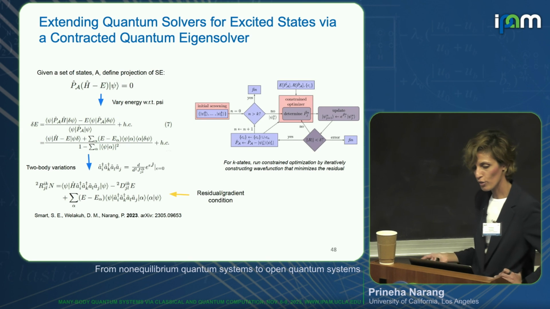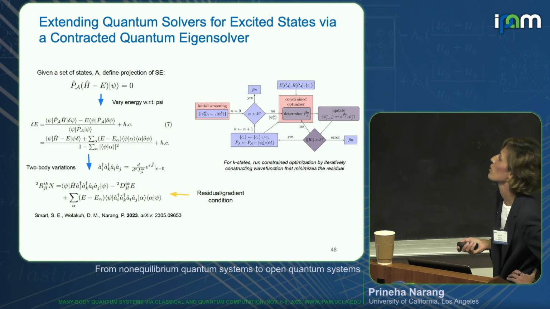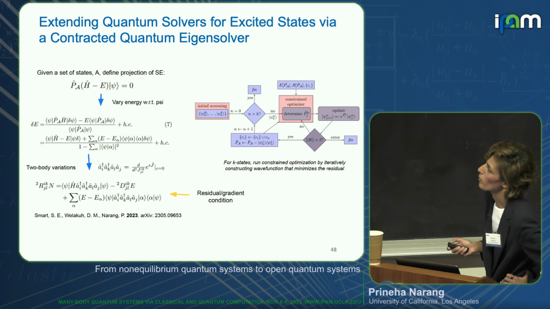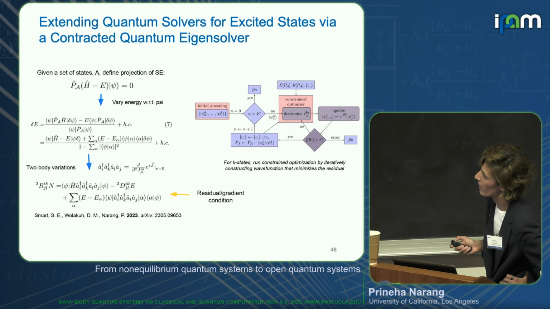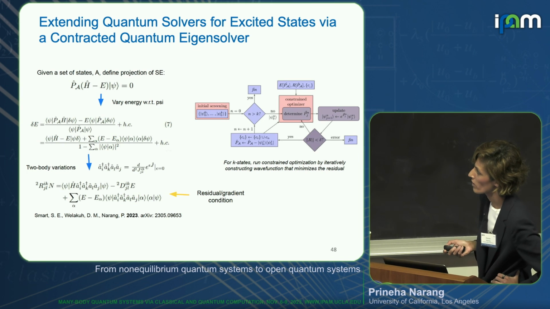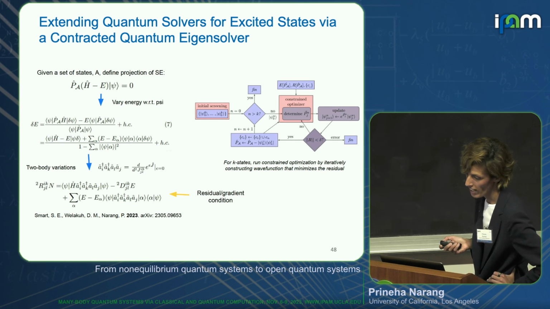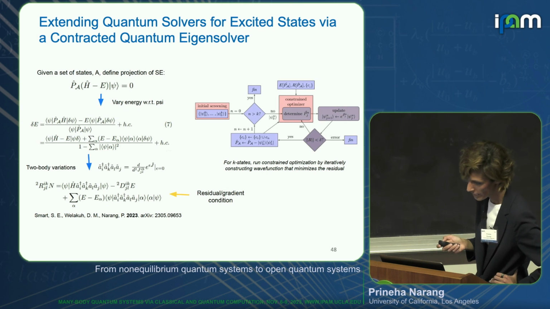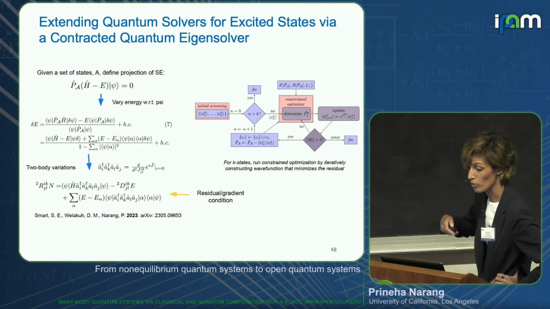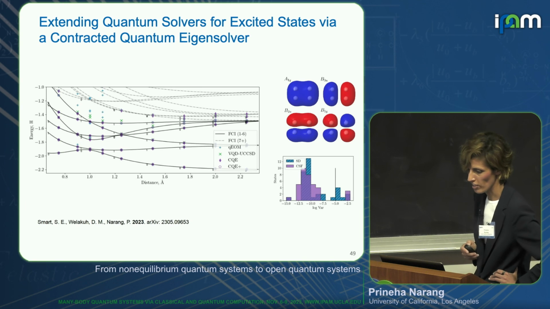We think we have a way of extending these quantum solvers to treat excited states, particularly this idea of a contracted eigensolver that was introduced by Scott Smart and Davis Wallach. We think that, in fact, this gives us a pretty good basis for treating excited states, not just slightly excited states, but eventually even highly excited states.